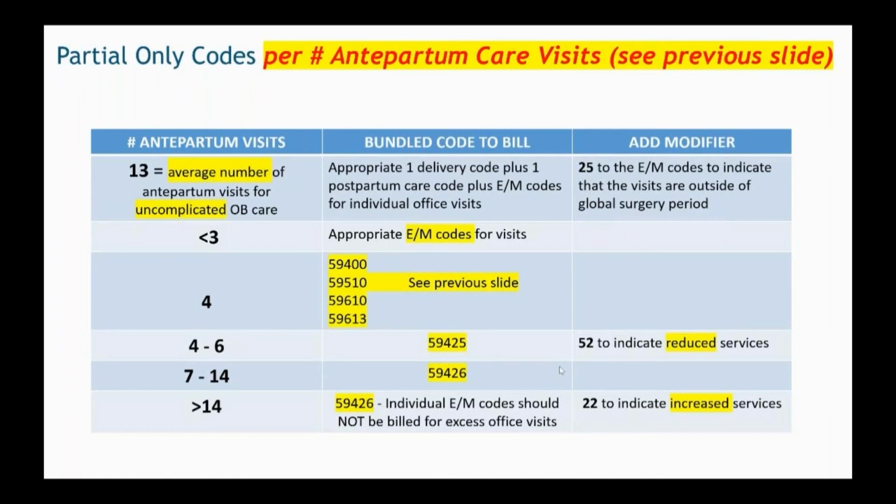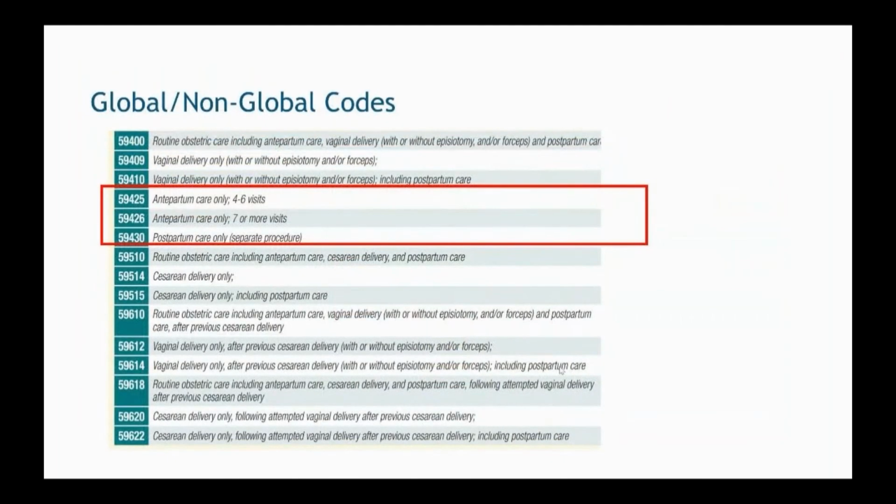You've got 59400, 59510, 59610, 59613, only because you've only got 4 antepartum visits. And you can see, I'm not going to read through the rest of these rows, the last 3 rows. So the number of antepartum visits will determine which codes you're billing on your claim. And that's right there. Okay?